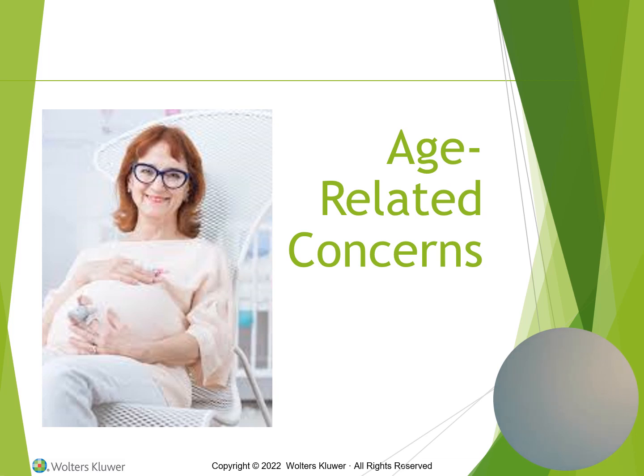The woman can become pregnant anywhere from 9 to 56 years. Pregnancy carries a higher risk for morbidity and mortality at either end of the spectrum. These concerns are not necessarily pathophysiologic changes, but they're related to the condition of the reproductive system.